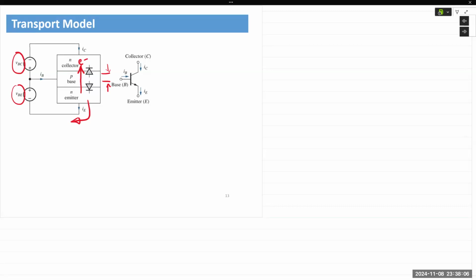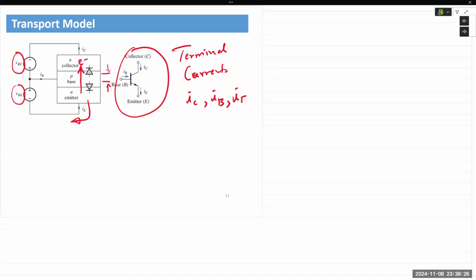So the terminal currents in this BJT are respectively IC for the collector current, IB for the base, and IE for the emitter current.